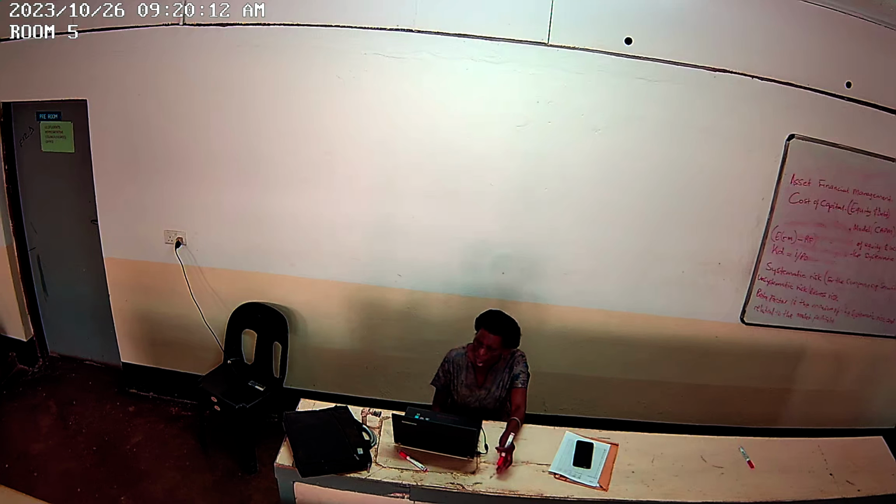Current market value. Okay. So we are saying irredeemable debt capital, which is Kd, is equal to interest divided by current market value.